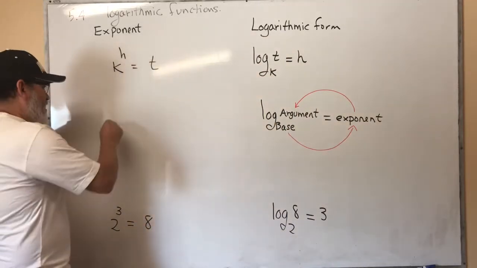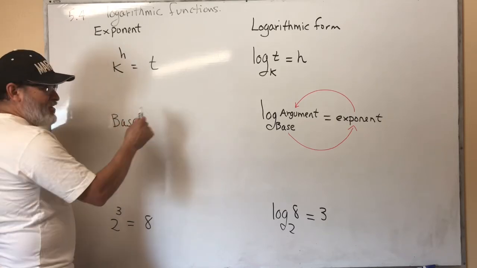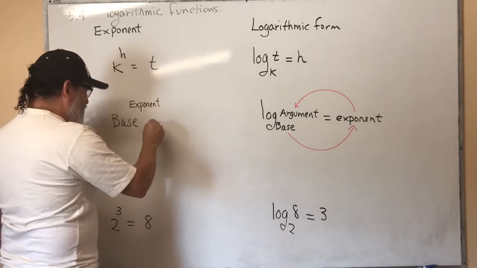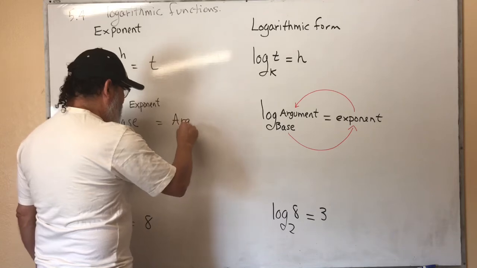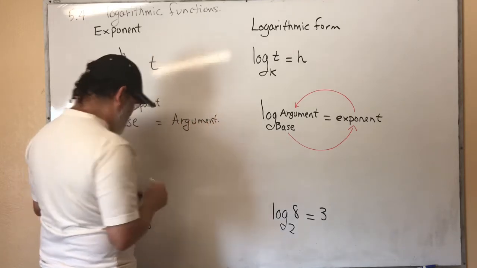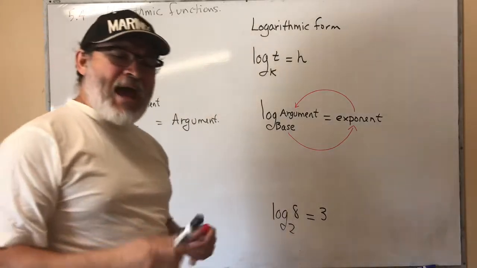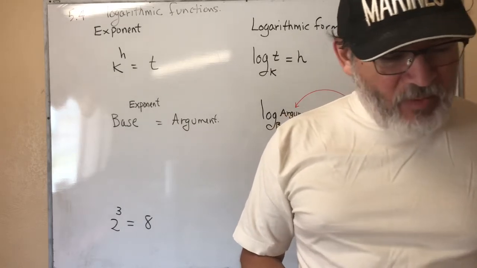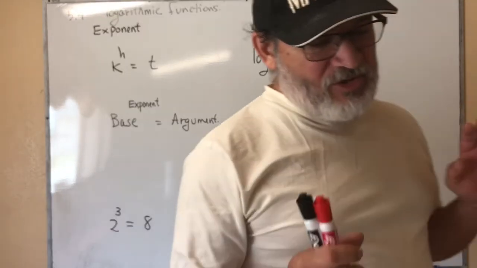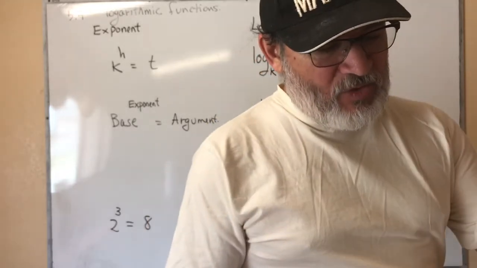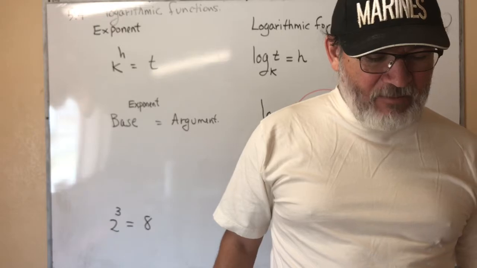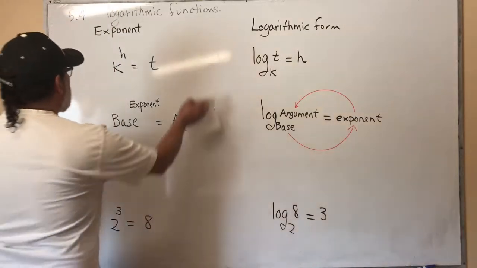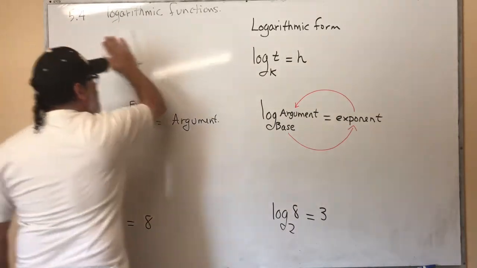So we can say the base to the exponent equals the argument. There you go. We can go back and forth with logarithms. And that's what they do here, in the book. On page 442, they say that. Page 442.